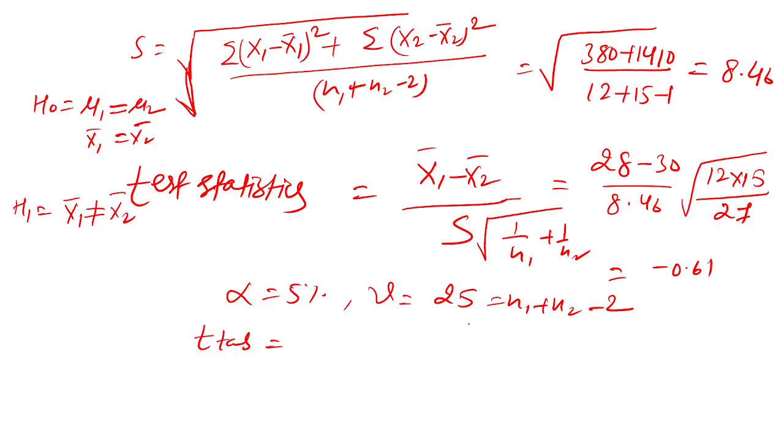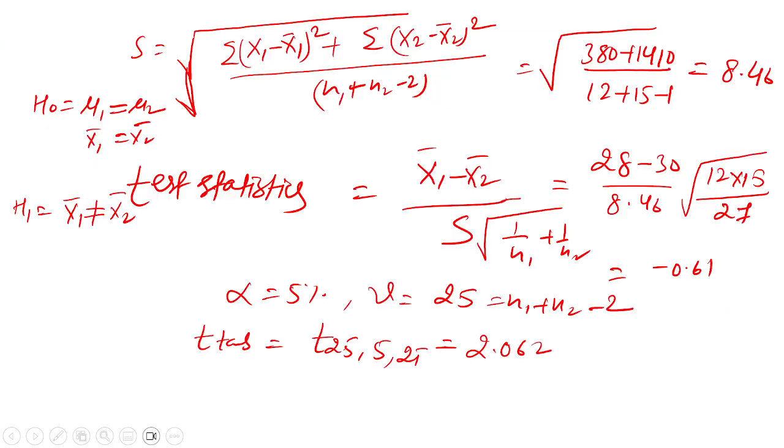Now we have to go to the table and search for T25 at 5%, two tail test. What was the value that came? It was 2.062, which we saw last time.